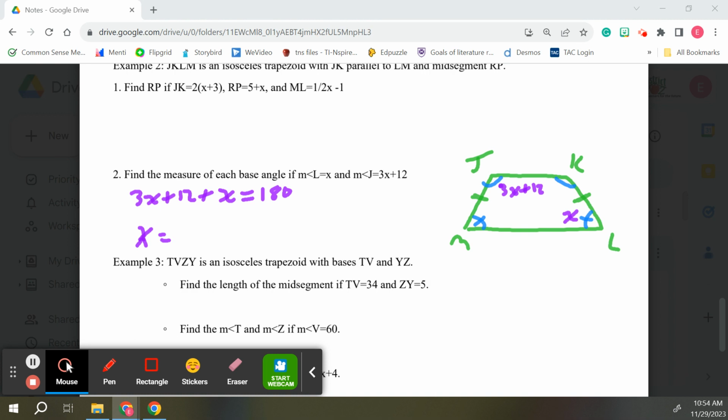When someone has the answer, please let me know. Who's got it? What'd you get? So what does each angle, or what does x equal here? Who can tell me?